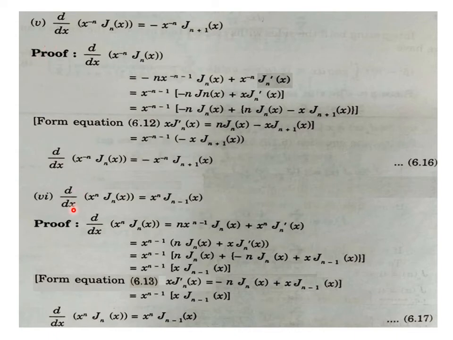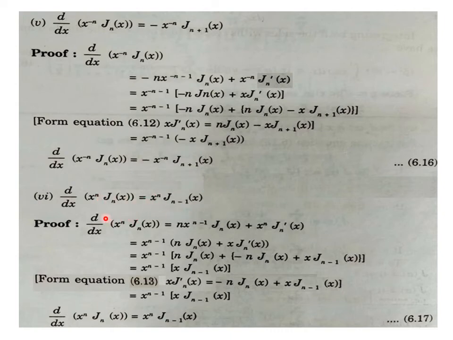Let's talk over the last recurrence relation, the sixth recurrence relation, d by dx of x power n Jn(x). There is a slight change between the fifth and sixth left hand sides: minus n as the power of x in the fifth recurrence relation, and here we have x power plus n, and that is the required right hand side.